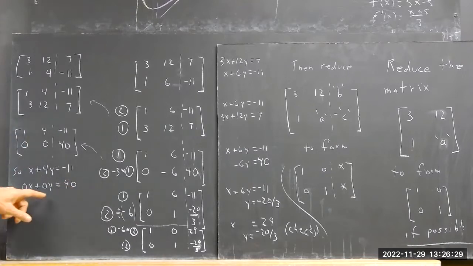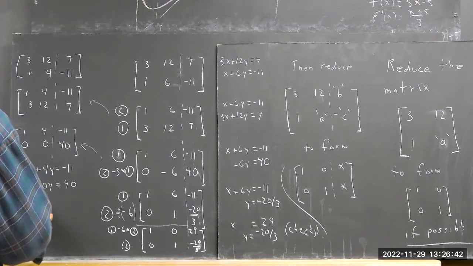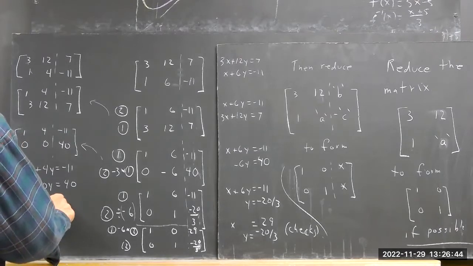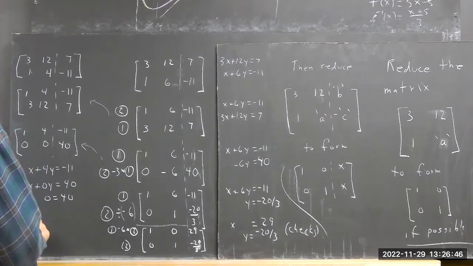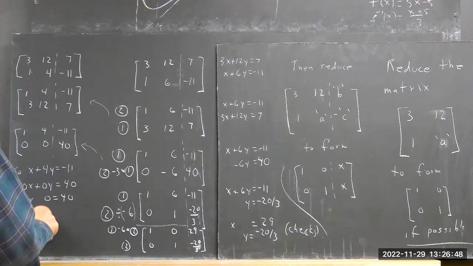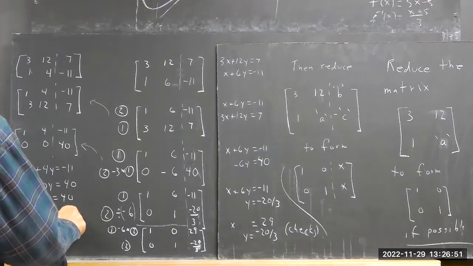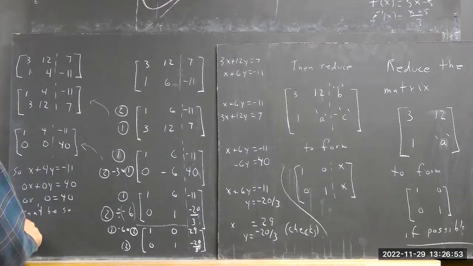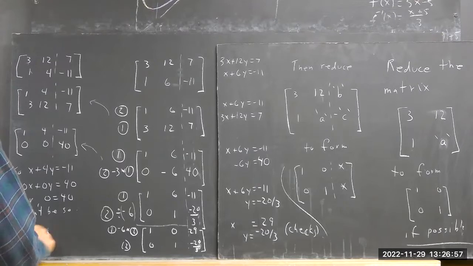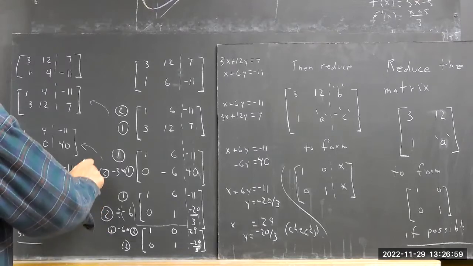But what's 0x plus 0y? It's 0, because it doesn't matter what x and y are, any number you multiply by 0 is 0, and when you add zeros, you get 0. So there's no solution to these equations.